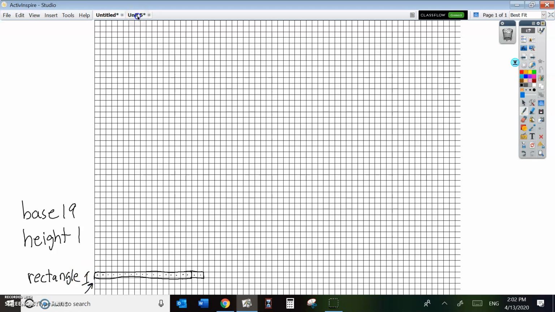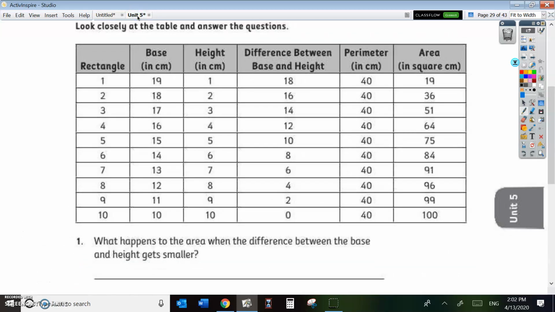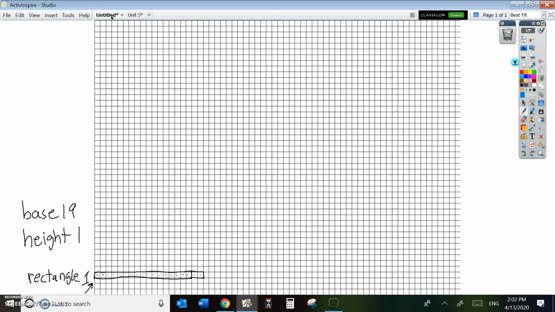Okay, so look back at rectangle 2. Rectangle 2 has a base of 18 and a height of 2. If you'll notice, the perimeter is always the same here. So 18 and 2 is going to look like this.